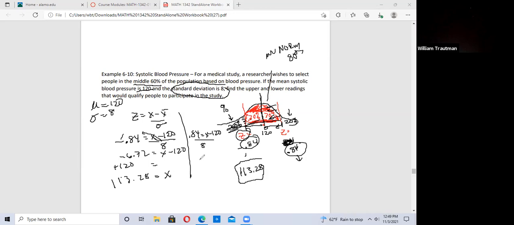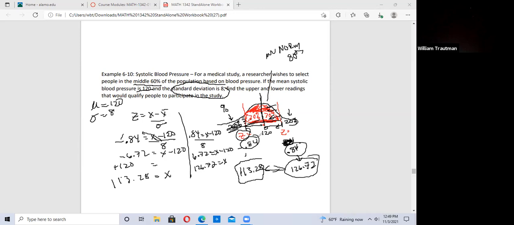Multiply 8 times 0.84, I get a positive 6.72 equals x minus 120. Now add 120 to both sides. 120 plus 6.72 is 126.72. So this z-value ends up being 126.72.